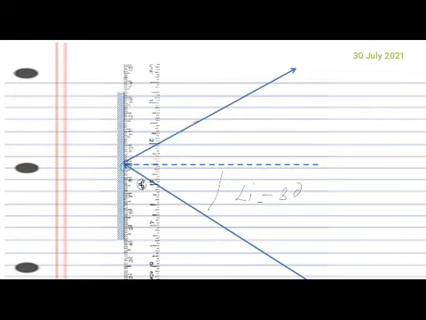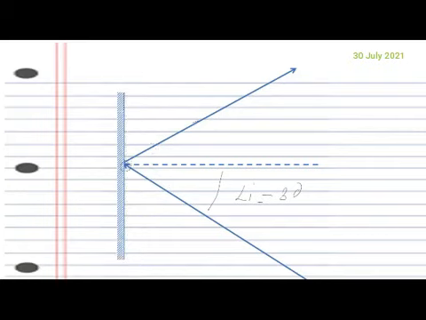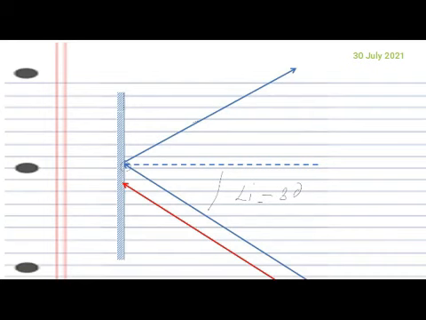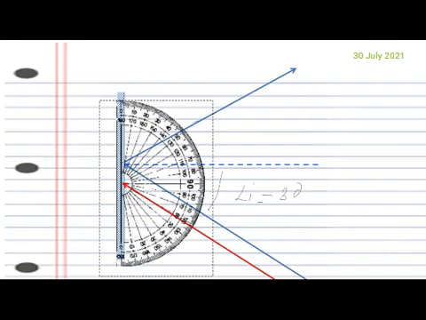Now suppose I take one more light ray on the same plane mirror, right? For example, I have taken one more light ray here. Again the same procedure I have to follow. First thing is I have to find out the normal, and how I have to find out the normal is keep a protector as shown now on your screen and draw the normal. And once you draw the normal, now find out what the angle of incidence is here. In this case it is again 30 degree, right?